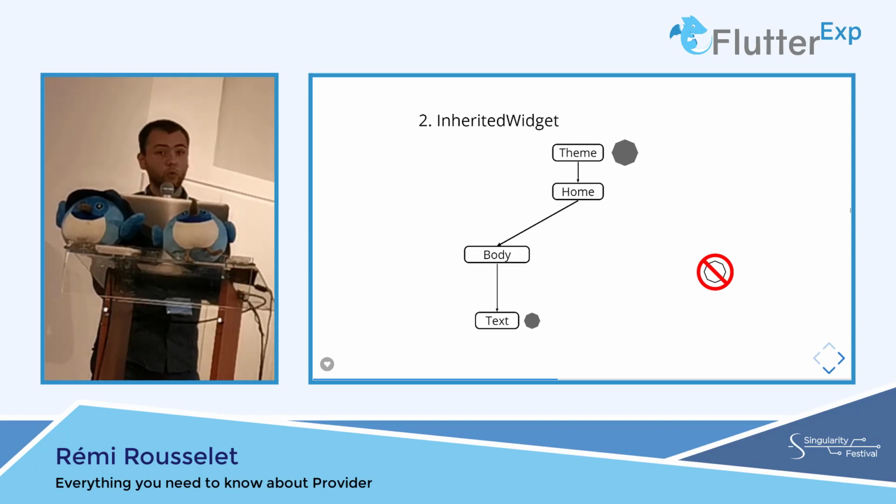Which means that we know for sure that it's not used anymore. Since it's not a global, since it's a widget, only the descendants of the hotbar can use our white theme. But since there are no descendants anymore, since there's no hotbar, nobody can use the white theme anymore. So we can dispose of it.